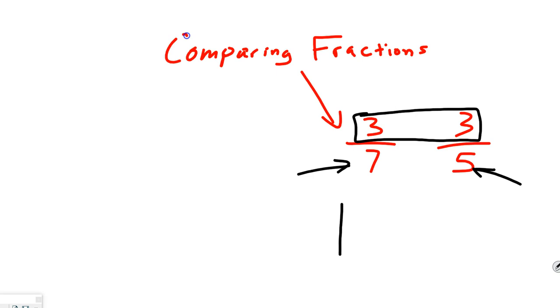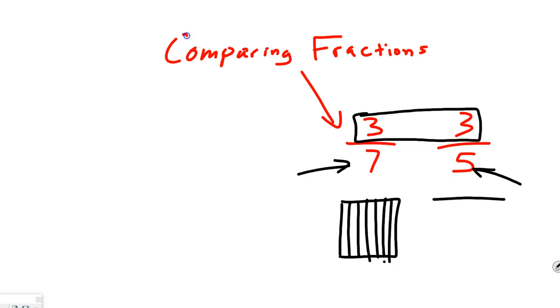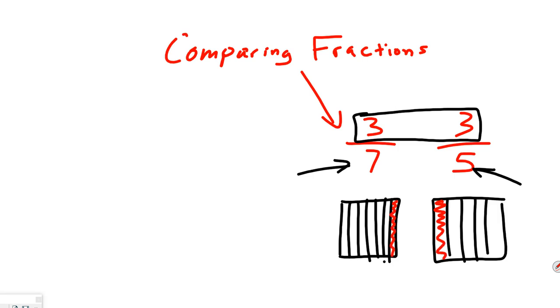If I have a pizza that's cut into 7 slices, 1, 2, 3, 4, 5, 6, or a pizza cut into 5 slices, 1, 2, 3, 4, well, what do we see here? I see a slice here that's much bigger than the slice over here. So my pizza cut into 5ths has bigger slices than the pizza cut into 7ths.